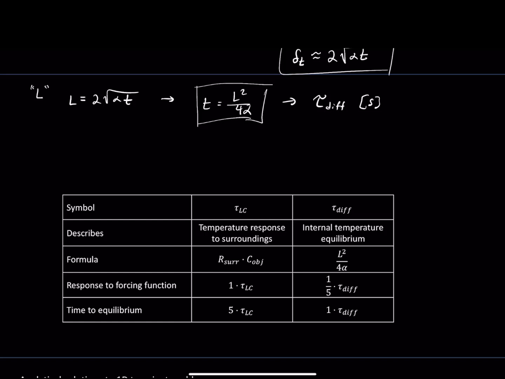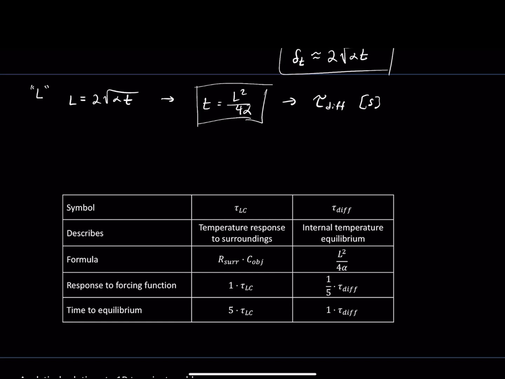Tau LC is how long it takes to respond to the surroundings, while tau diff is how long it takes the thermal wave to penetrate into some depth that I care about. Another way of thinking about this is how long it takes for thermal equilibrium to be achieved in the internal part of the conducting body.